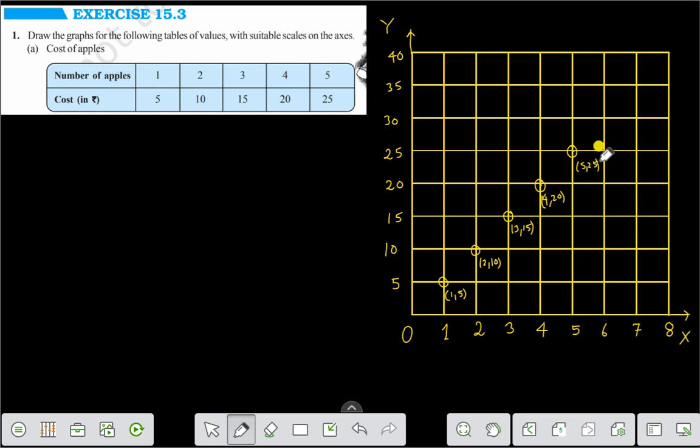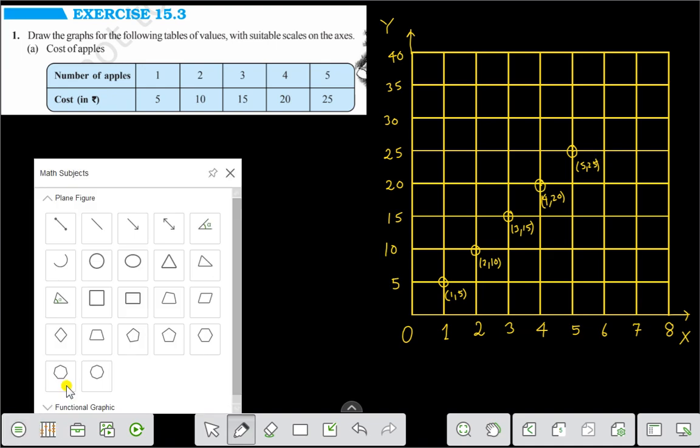Right? Now if we draw a linear graph, then we will get a graph like this. You see, we are drawing a graph like this. We are getting a linear graph, right?